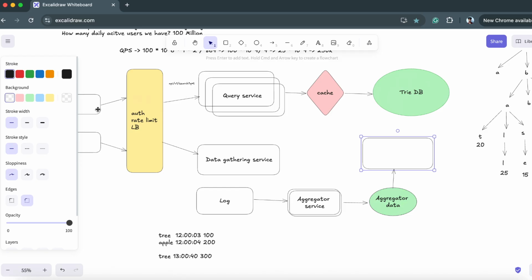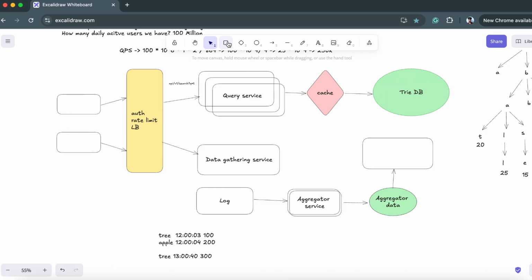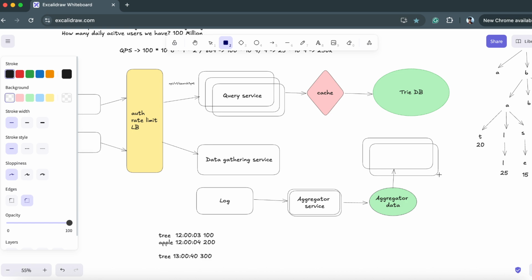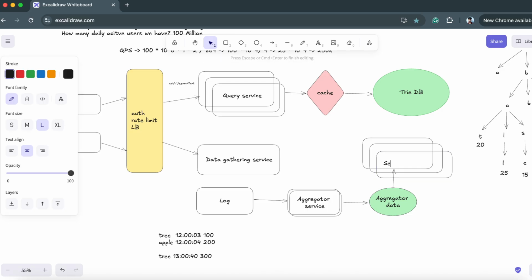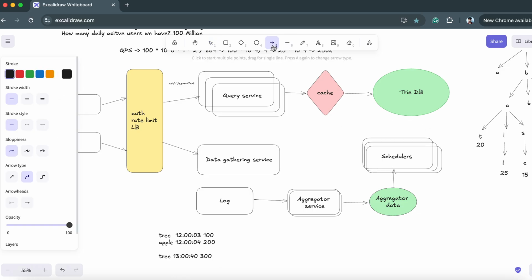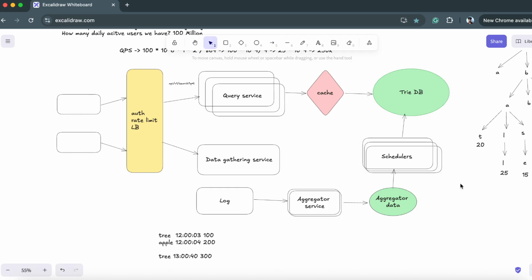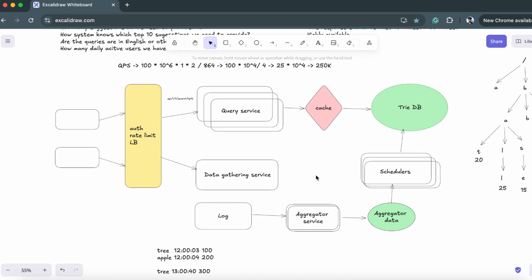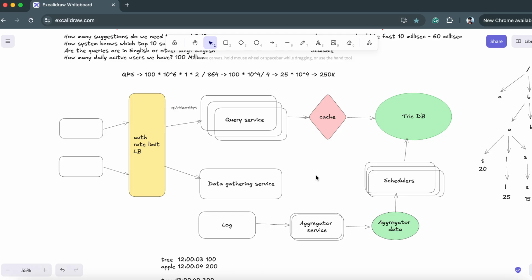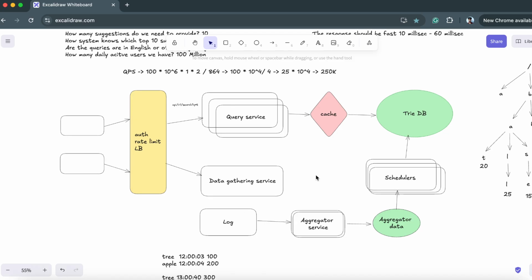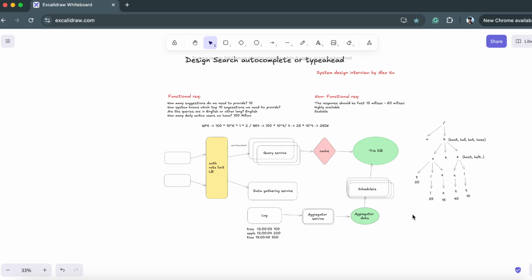Let me create all these schedulers that we have. These are our schedulers whose job is basically to update the trie DB. I think this is fine. This is how we can design this type-ahead or autocomplete, not search engine, sorry.